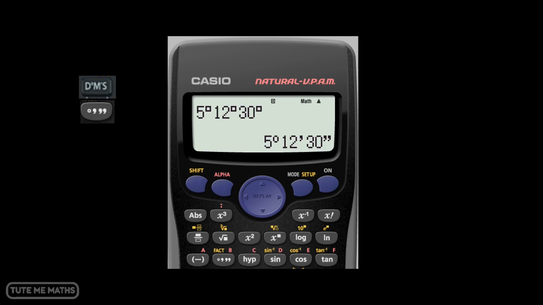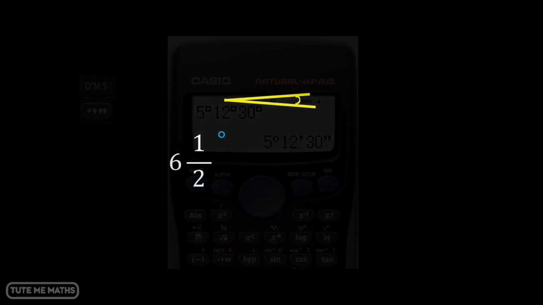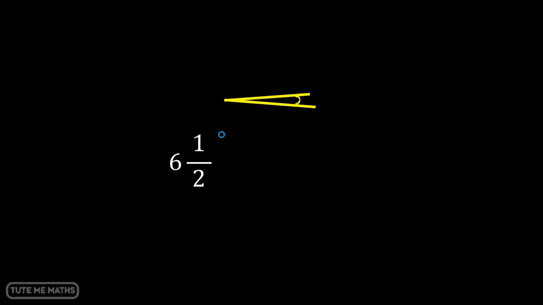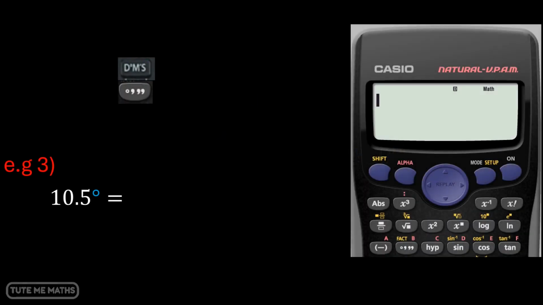But how do we change an angle that's given in decimal or fraction form into degrees, minutes and seconds? Let's do some examples and then see how to use it when solving trig problems. The answer to this one is hopefully obvious, since half a degree must be half of 60 minutes, which is 30 minutes. So 10.5 degrees is the same as 10 degrees 30 minutes. But let's see how your calculator will convert it for you.